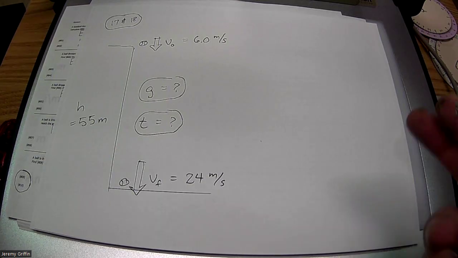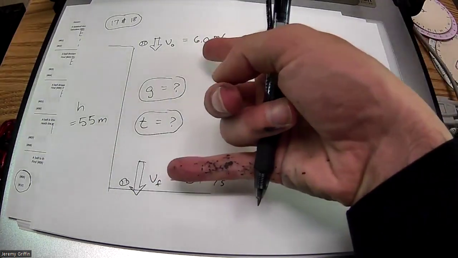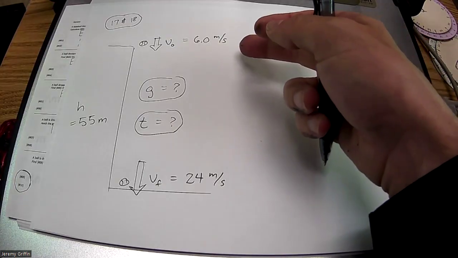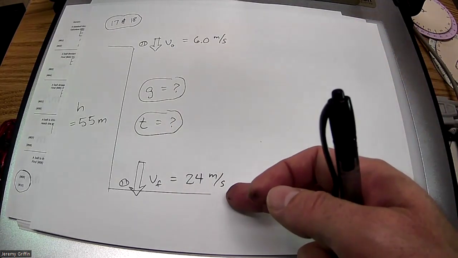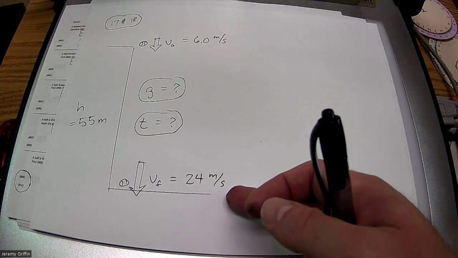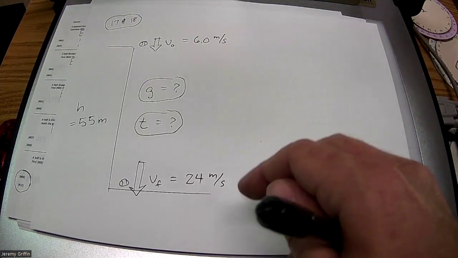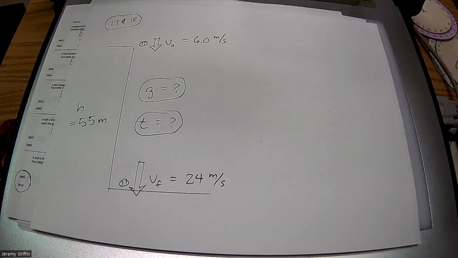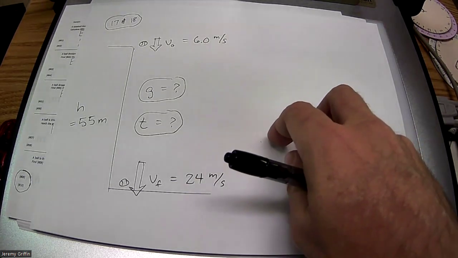If this cliff was on Earth, 55 meters is a pretty tall cliff. Do you think on Earth it would probably speed up to more than 24 meters per second? Maybe I could play around with some equations and verify that, but I think that would be the case. So if this ball has not sped up very much compared to Earth, do you think this planet has really strong or really weak gravity?